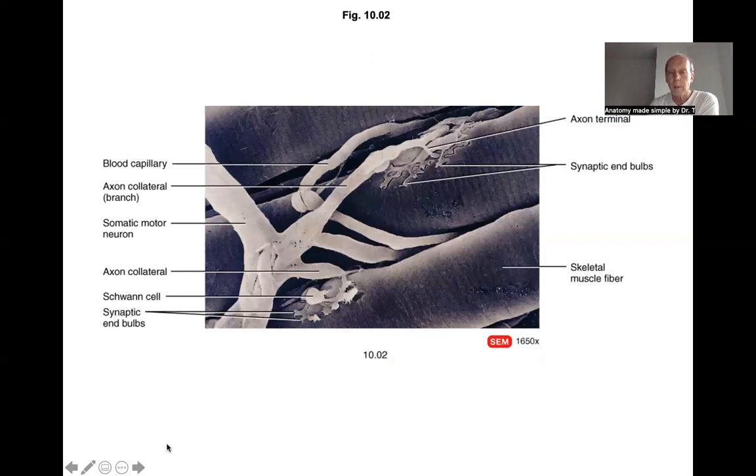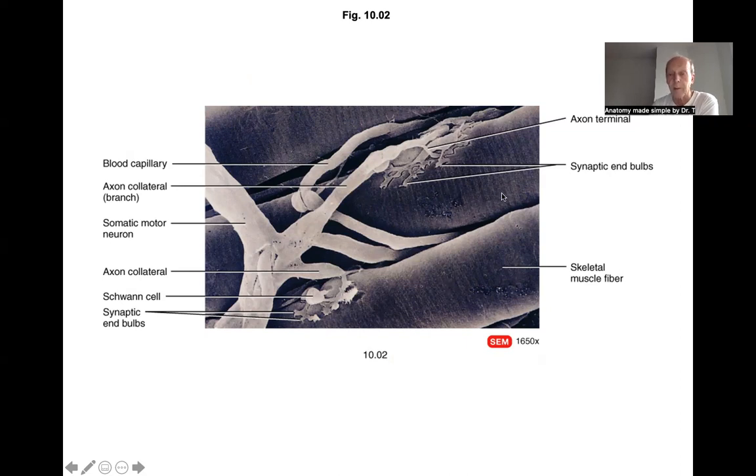This picture we also introduced, and it's going to come handy towards the end of this presentation. This is a neuromuscular junction. We see here axon with its terminal ends, and some kind of synaptic end bulbs could be also noted here, where underneath the nerve, we see three different skeletal or striated muscle fibers.